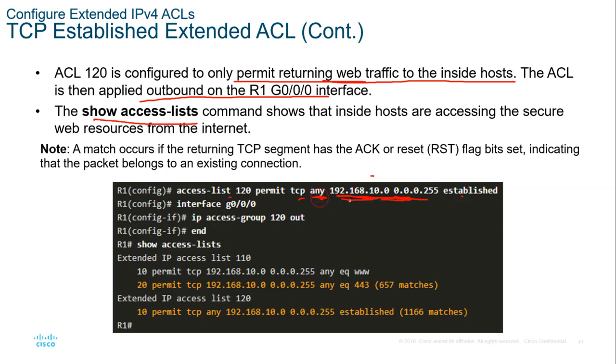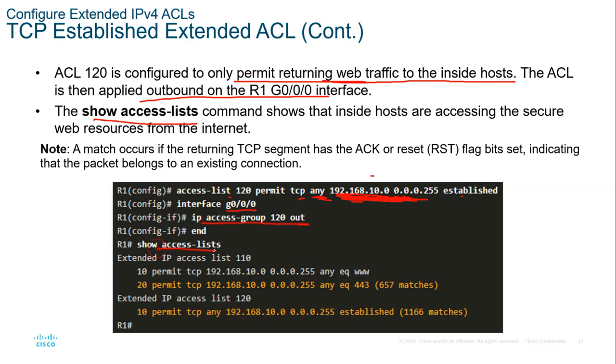So we have any, then this is the destination, any. Where it is attached is the outbound interface. Unfortunately, we're not seeing the topology. As long as this establishes the connection, the reply should be allowed to access the internal network. The interface is this, then ip access-group 120 out.